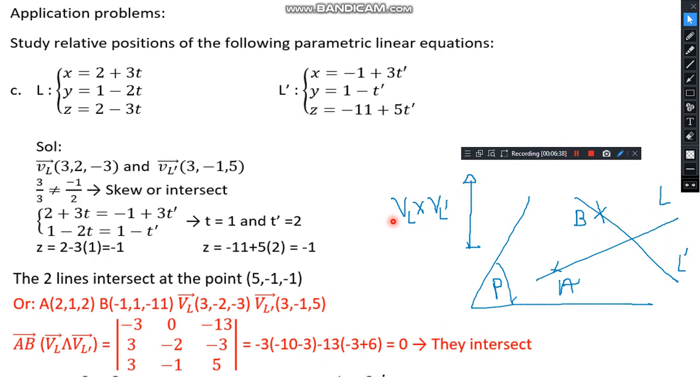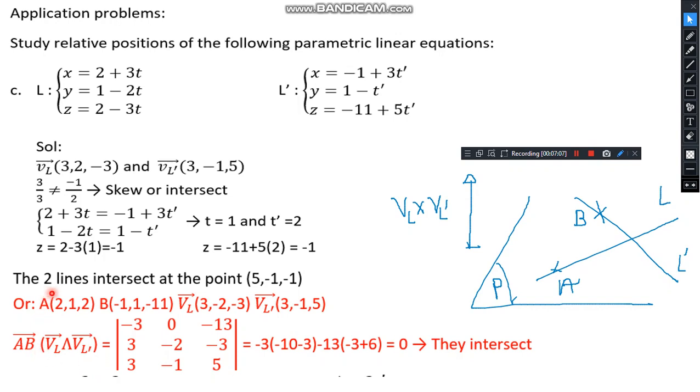You can do VL cross VL prime, which is a vector perpendicular to plane P. If you pick a point A on L and a point B on L prime, and VL cross VL prime scalar AB is 0, it means they belong to the same plane. So you can use this method or the method above. If it's equal to 0, they intersect.